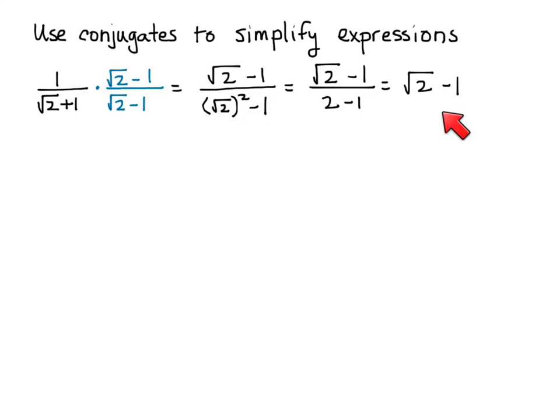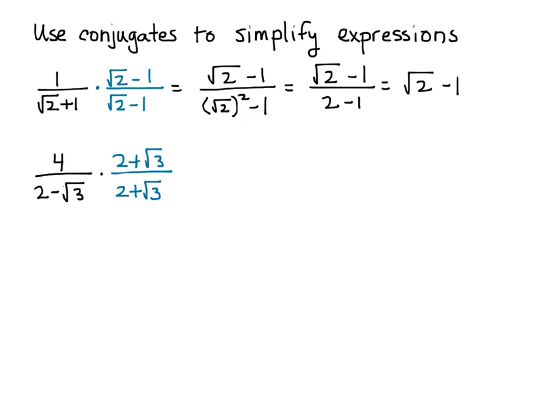That's kind of an interesting little feature there. So we have other things that we can do, or other things that we can simplify. Here we have 4 over 2 minus the square root of 3. We'll multiply both the numerator and the denominator by the conjugate of the denominator.